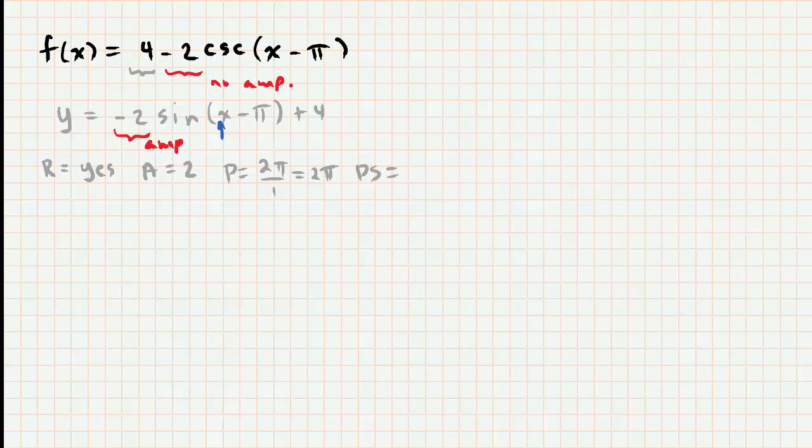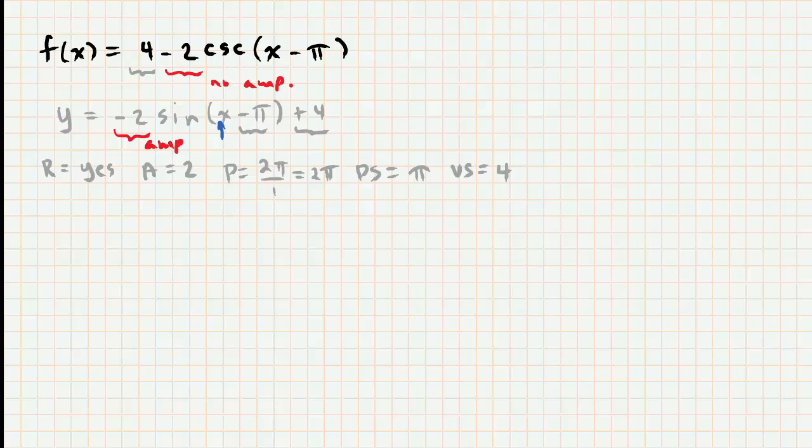Phase shift is opposite of what we see inside. We see a negative pi, so that tells us the phase shift is positive pi. In other words, we are shifting to the right pi radians. And then our last characteristic is the vertical shift. I like to put it on the far right. Sometimes it's on the far left, but I find that strange. So I put it on the far right, and that's an upshift of 4 units.